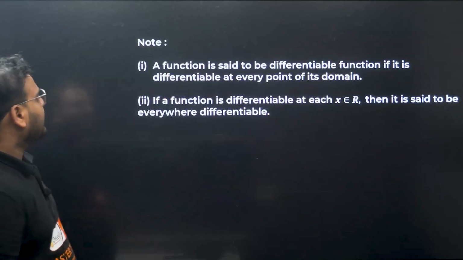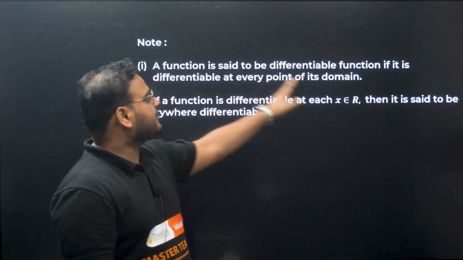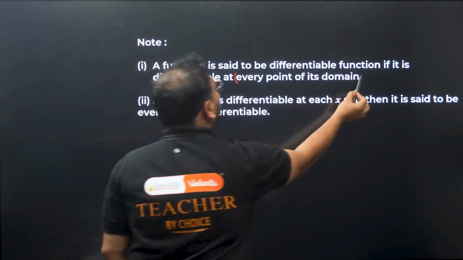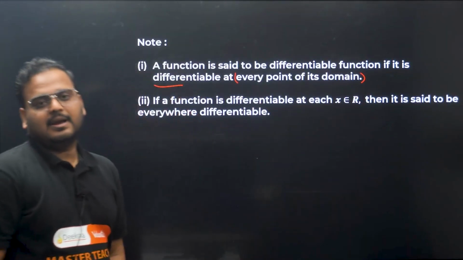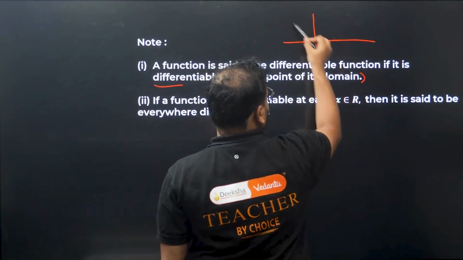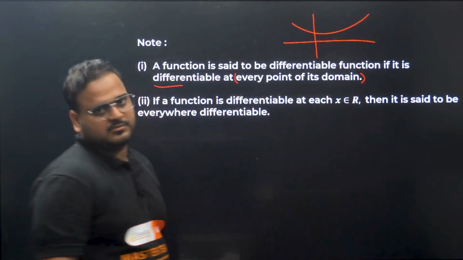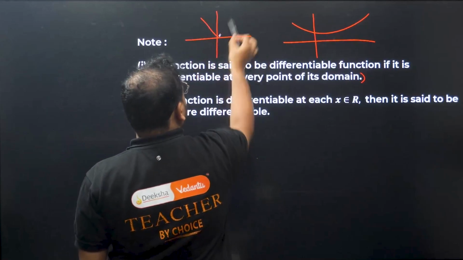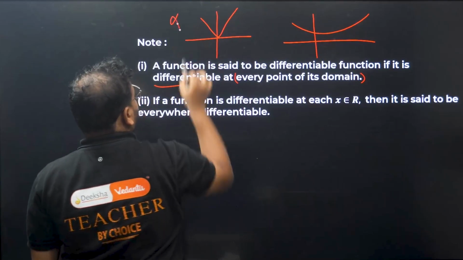Clear, right? A function is said to be a differentiable function if it is differentiable at every point in its domain. For example, if I talk about this curve, differentiable or not? Yes, sir, differentiable. If I talk about this curve, differentiable or not, sir? Non-differentiable.